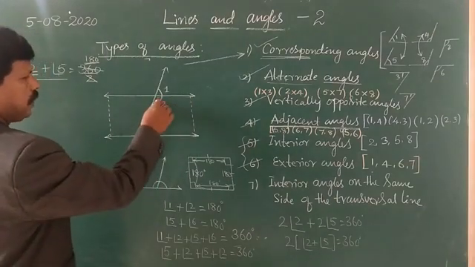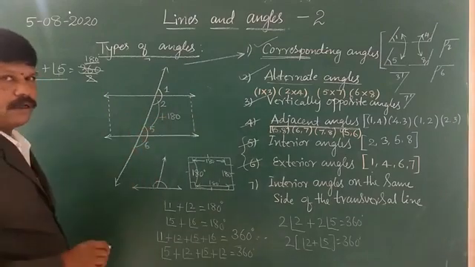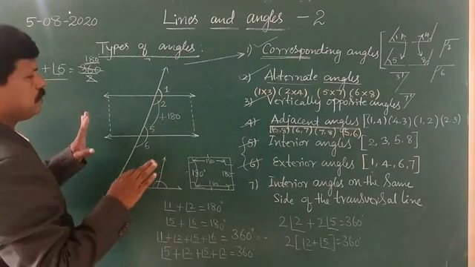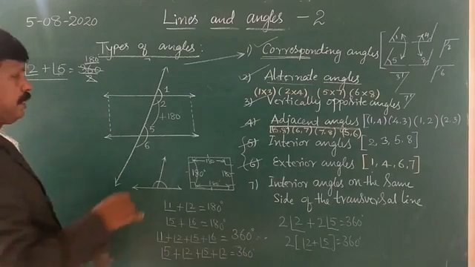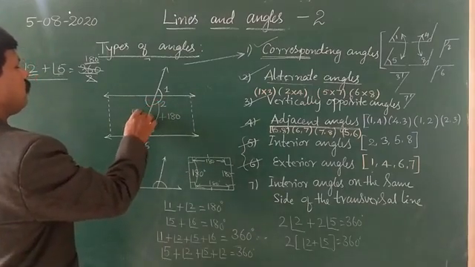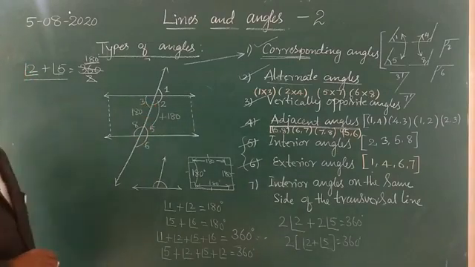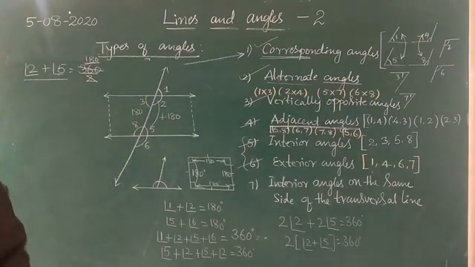These are the two interior angles. This sum is always equal to 180 degrees. Here we are discussing parallel lines only, and similarly these two angles, angle 3 and angle 8, sum to 180 degrees. So those are the types of angles when the transversal passes through two parallel lines.